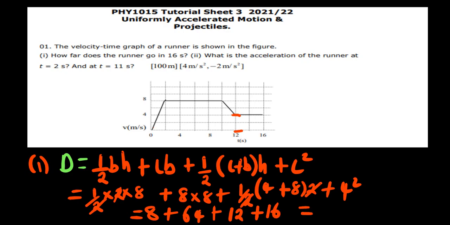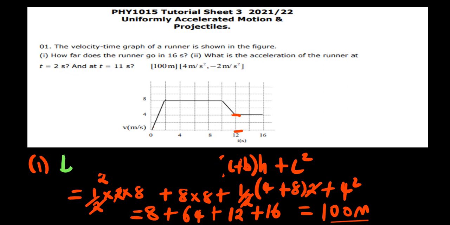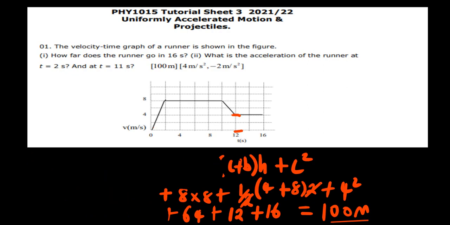Everything is in meters. When you add, on my end I'm getting 100 meters. So that would be the total distance covered, and that is the 100 that they found there. So that's how we find how far the runner goes in 16 seconds.